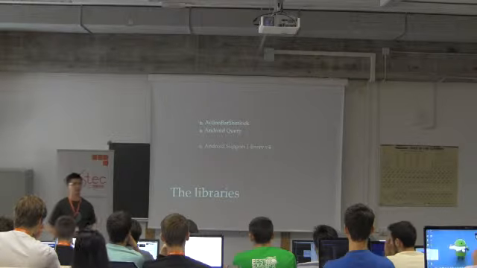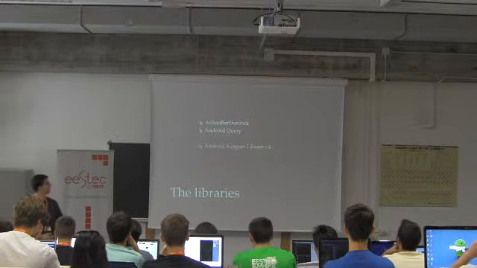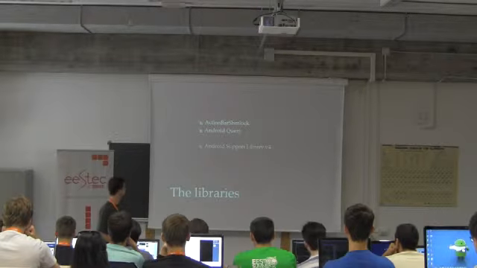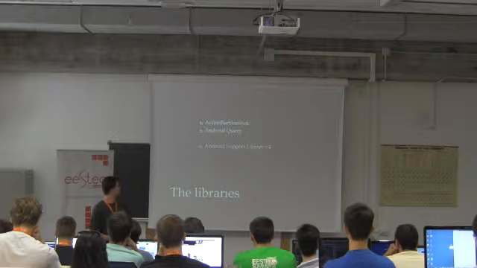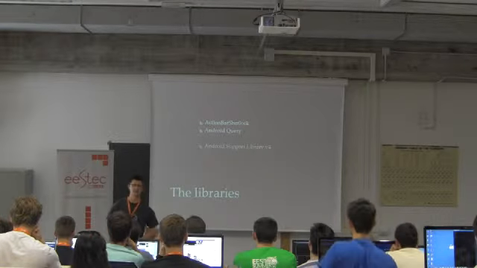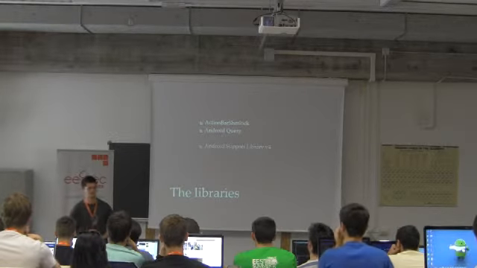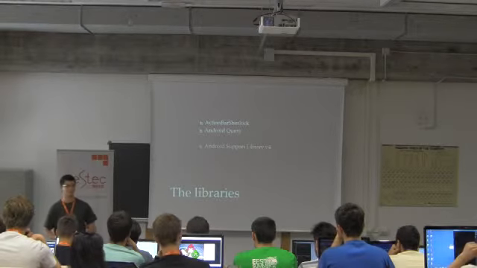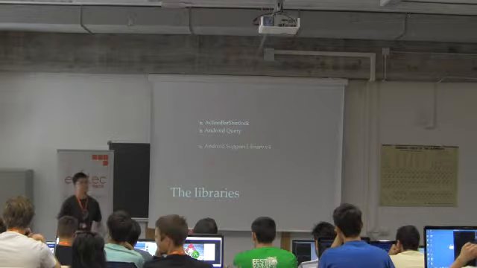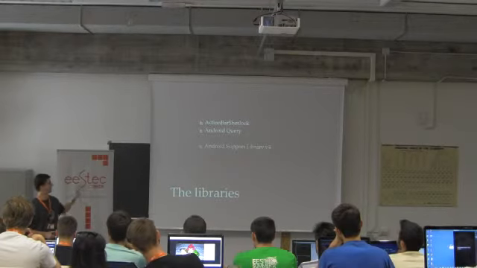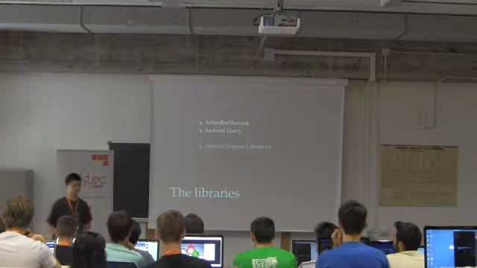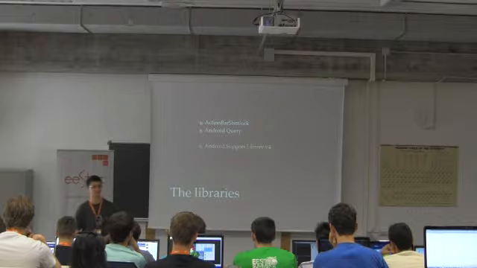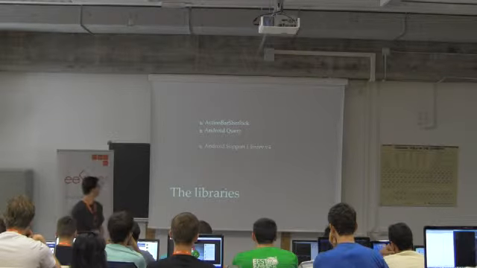We mentioned ActionBarSherlock and Android Query, which I'll be working with a bit later. There's also the Android support library, which is constantly released and updated by the Android team. But when you attach ActionBarSherlock, the support library is attached automatically, so you don't actually see it too much.